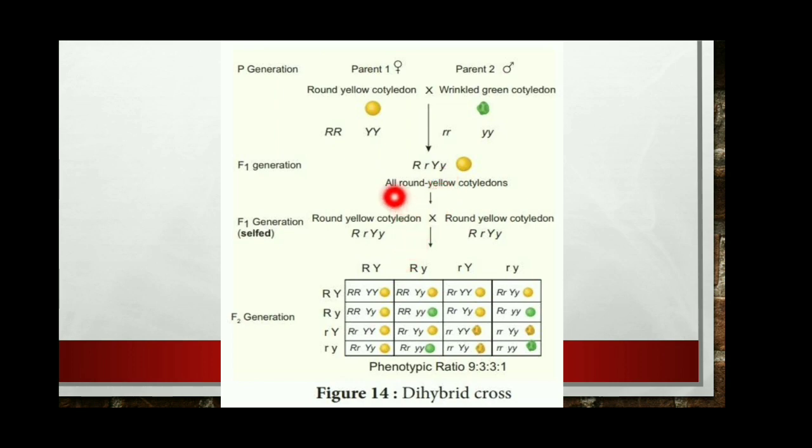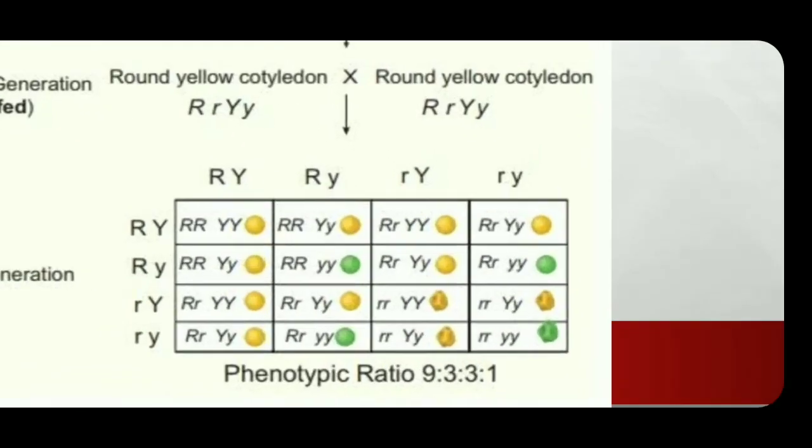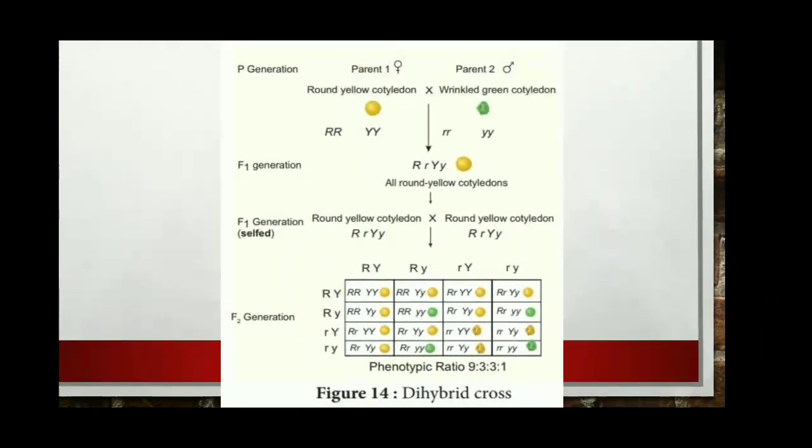So, in the F1 generation, they combined, but during the F2 generation, when the gametes formed, these alleles separated and formed different combinations. Capital R and small r were combined in the F1 offsprings.